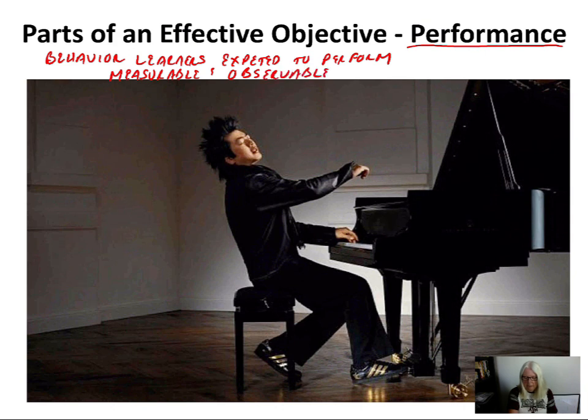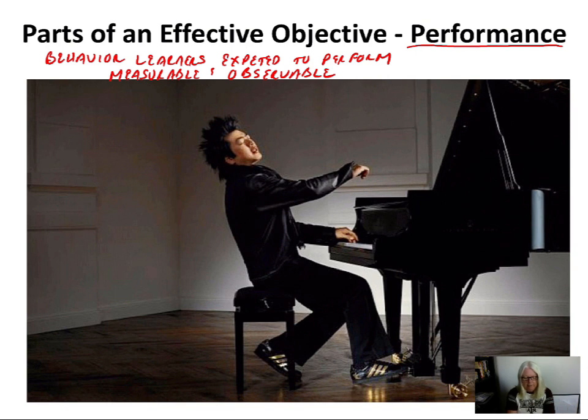And you'll see as we go through why that's so critical, why we want to measure the behaviors that are measurable and observable. This describes what the learner will be doing when they're mastering the objective. Okay, so I can tell by measuring and observing whether the learner has mastered the objective.